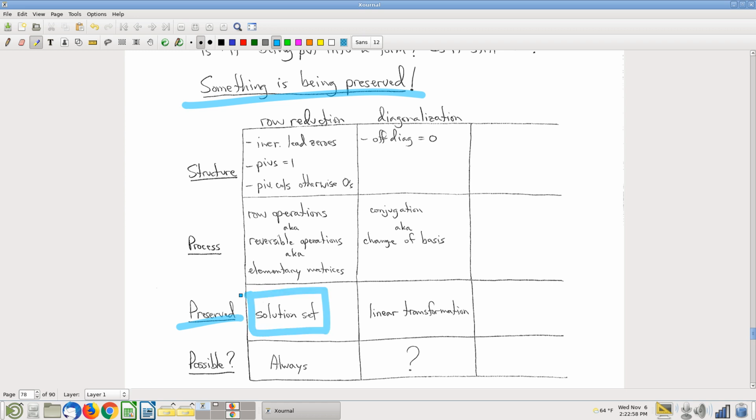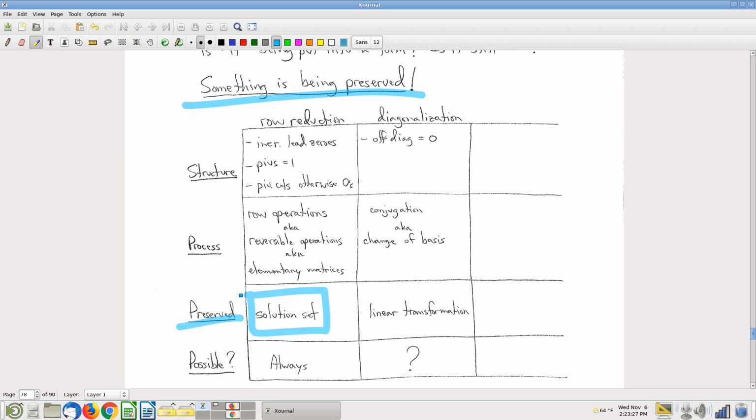The set of solutions. You've got to think way back to the very start of this project. Why were we row reducing in the first place? Because we wanted to solve a system of equations. We wanted to find that solution set. The big strategy, day one of this class, was we're going to find a solution set by coming up with things we can do that preserve that solution set, that don't change the solutions at all.